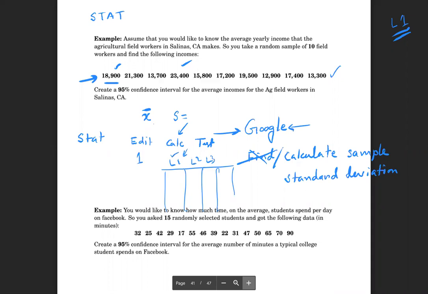And the first choice for this is 1, which is 1-Var Stats. You want to select that. Then it's going to give you a list, a frequency list, and Calculate.